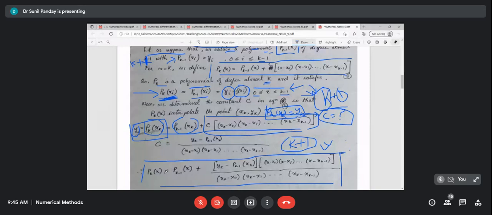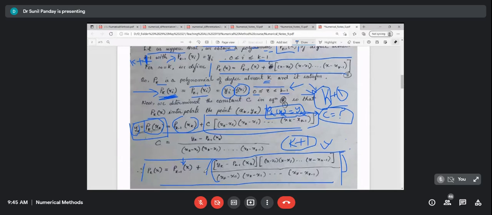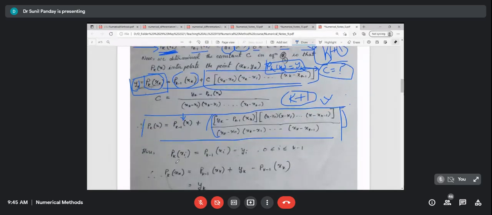How? If you substitute x equal to x0, this part is 0, and it becomes pk of x0, and pk of x0 is already y0. And if you substitute x equal to x1, this part is again 0, and you have pk minus 1 of x1, and pk minus 1 of x1 is already y1, because pk minus 1 is constructed like this. Now we have only one point remaining with us, xk.